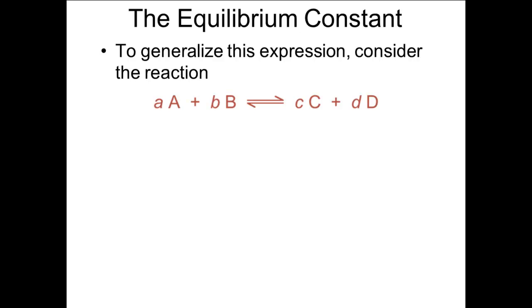It turns out that the form of the equilibrium expression is related to the stoichiometry of the balanced equation, even when we have a complex mechanism.